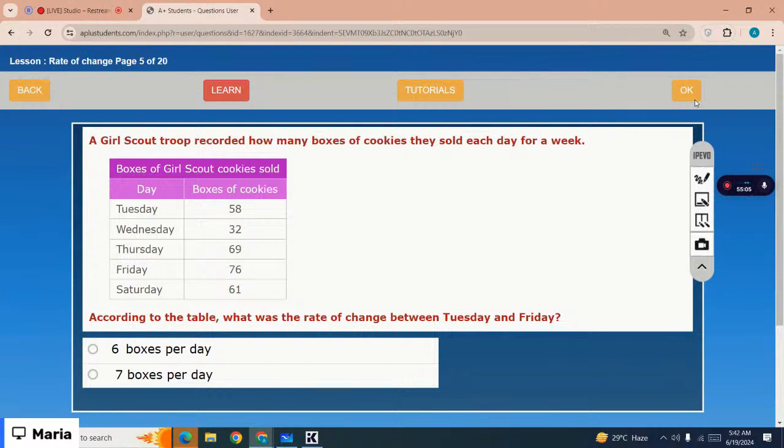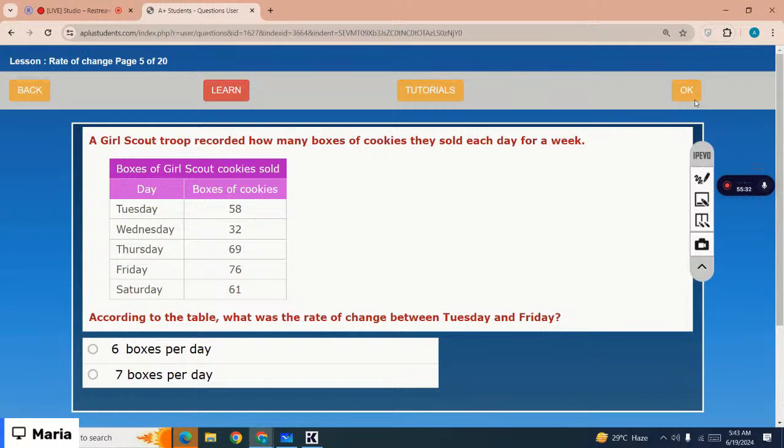A Girl Scout troop recorded how many boxes of cookies they sold each day for a week. According to the table, what was the rate of change between Tuesday and Friday? So, which is the correct option? 76 minus 58.